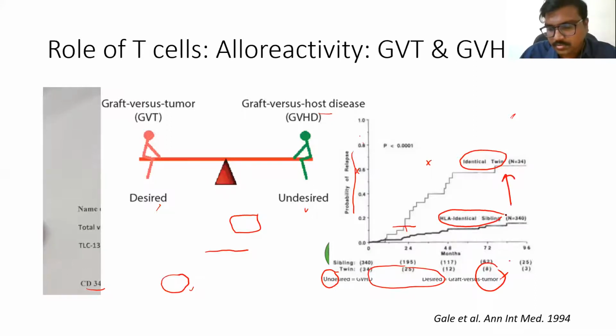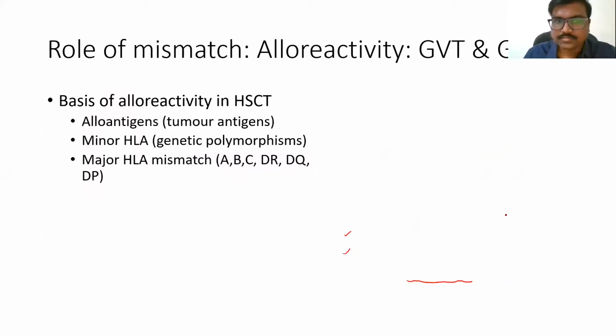So some amount of alloreactivity is important for the success of the transplant. We can't just deplete the T cells which are responsible for graft versus host disease. Then that will not serve the purpose. It will rather destroy the primary purpose.